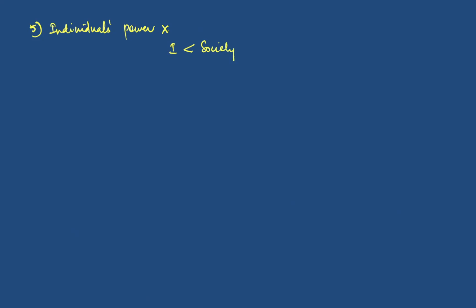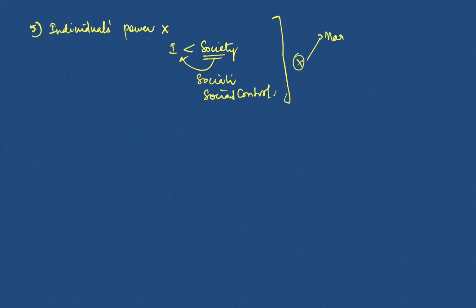The society is the one that controls the individual through mechanisms like socialization and social control. So basically their premise is this, but this has been proved wrong by many people. For example, Marx, okay, he basically says that the individual is the one who is important, and his ideas are important, and that is how the individual becomes a very great person, and he influences the society as well.